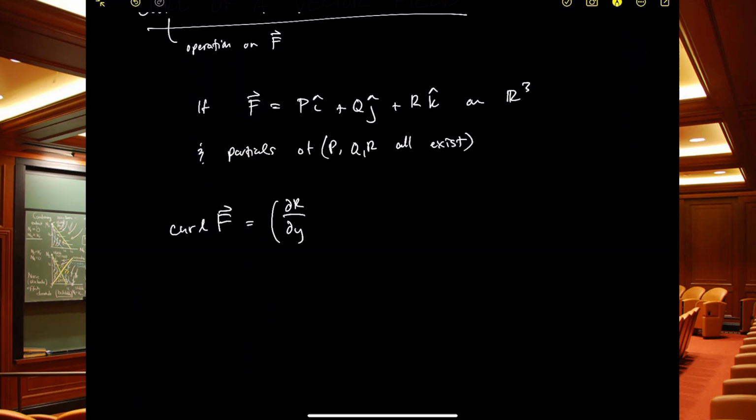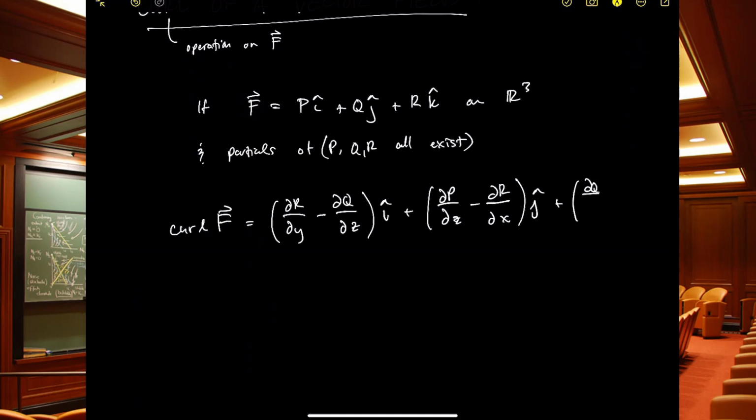But it's the partial of R with respect to y minus the partial of Q with respect to z, i, plus the partial of P with respect to z minus the partial of R with respect to x, j, plus the partial of Q with respect to x minus the partial of P with respect to y, k. So this is how we define it.